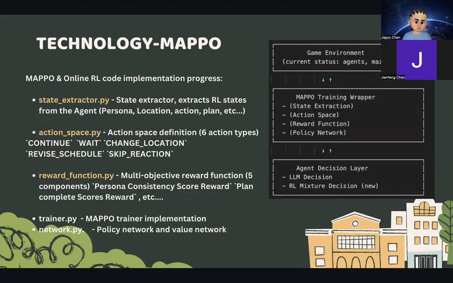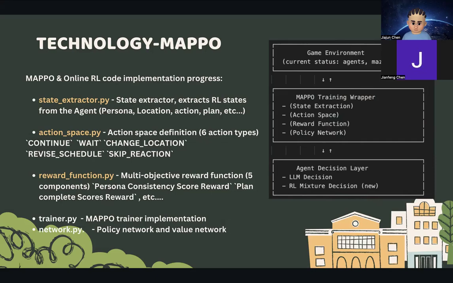So here are the important functions of our MAPPO implementation. Firstly, we have the state extractor. This pulls all the relevant information from each agent, like their personas, current locations, actions, plans, and so on, which gives us a structured reinforcement learning state representation.